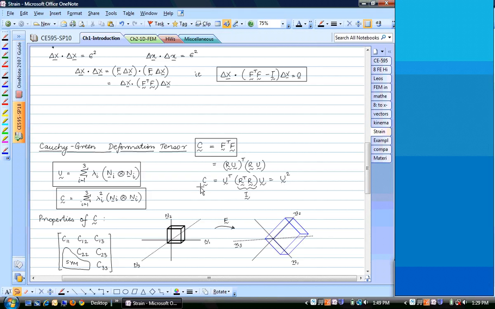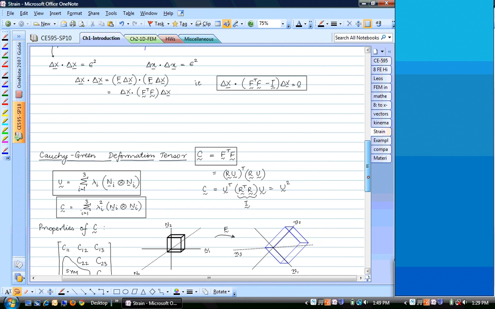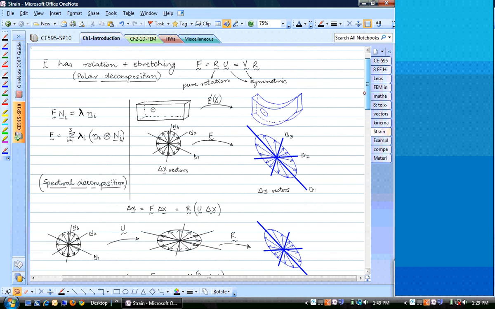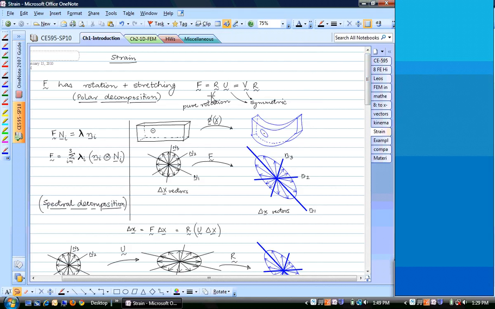So what we are saying is that this Cauchy-Green deformation tensor is simply equal to the stretching squared. Now note that earlier when we started, we said that F is equal to R times U. So if we wanted to use F as a measure of strain, we would get a finite strain even if the body had some rigid body rotation.